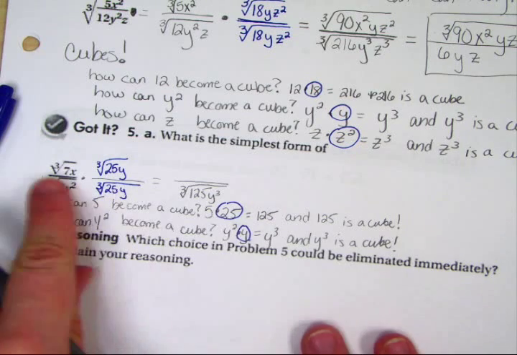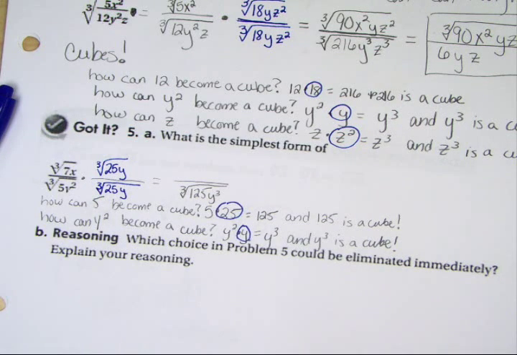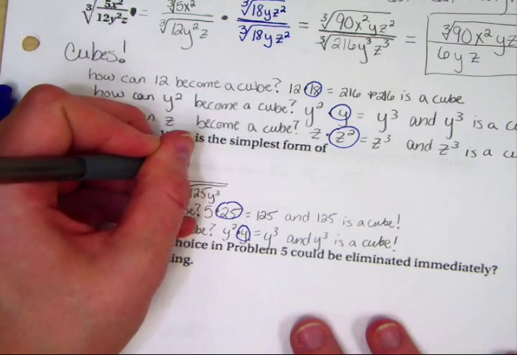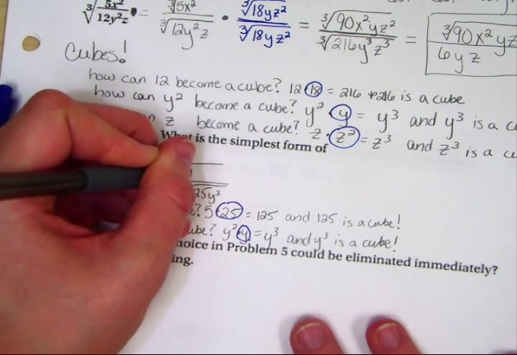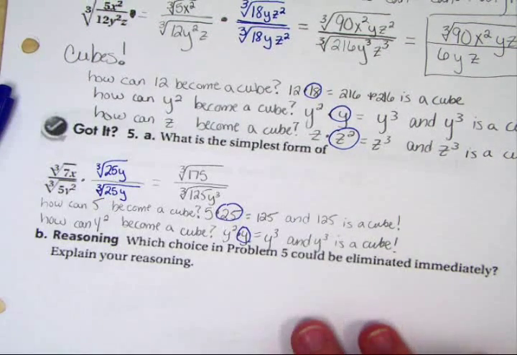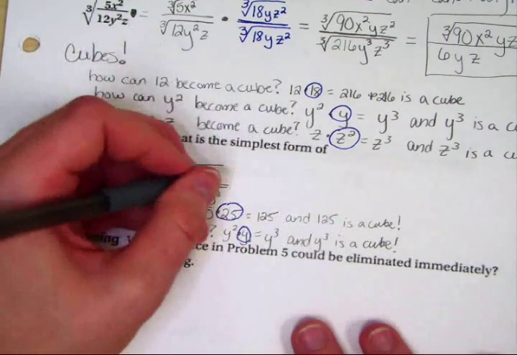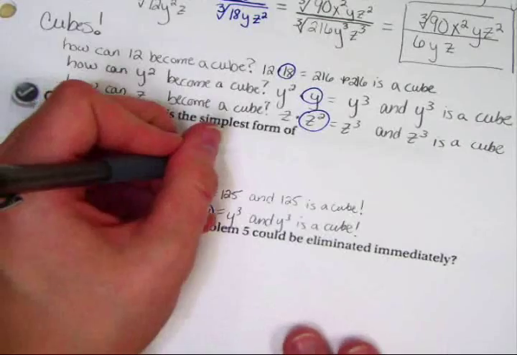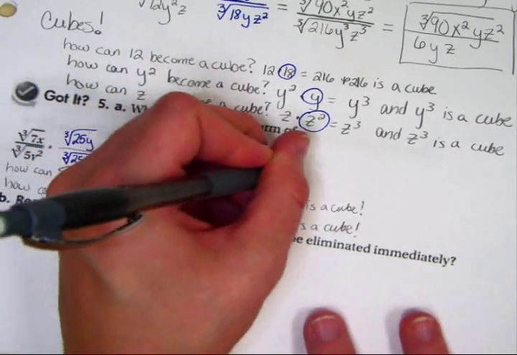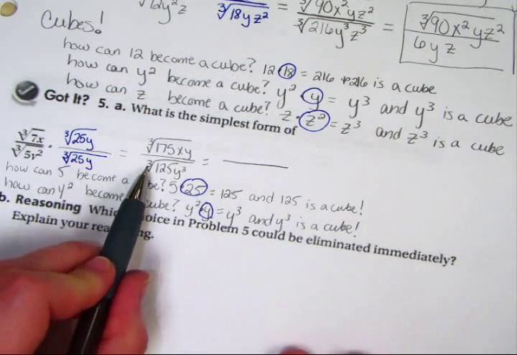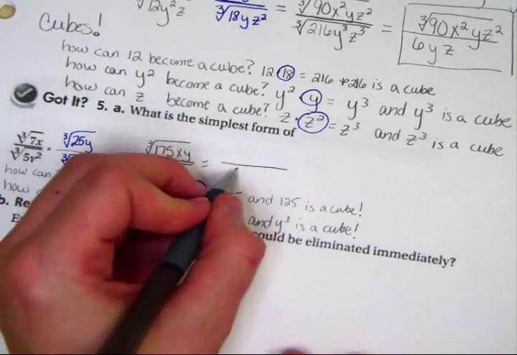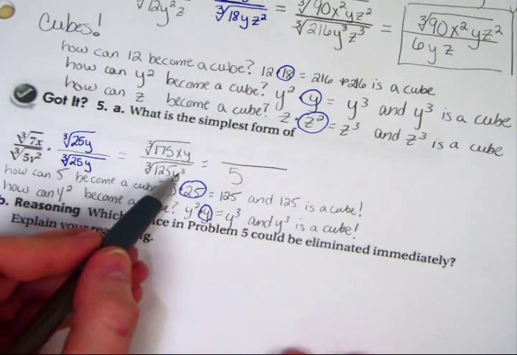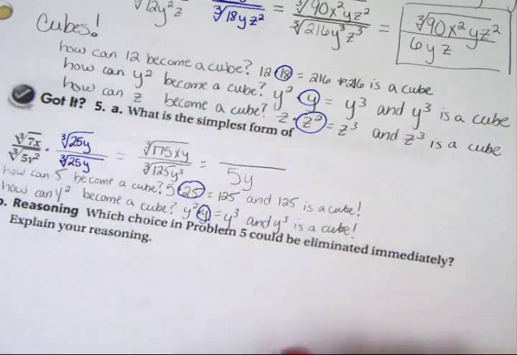On the top, 7 times 25 is 175. X times y is xy. Let's keep going on. Let's do the bottom. I think it's easier. The cube root of 125 is 5. The cube root of y cubed is y.